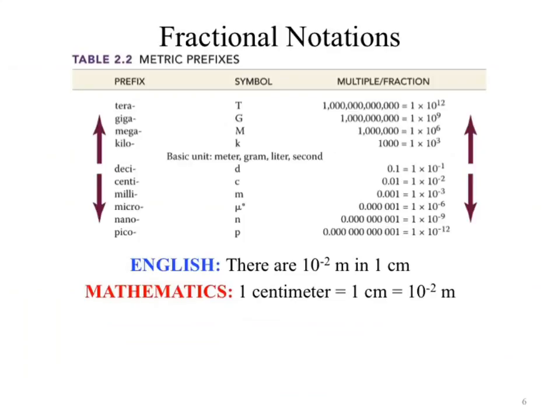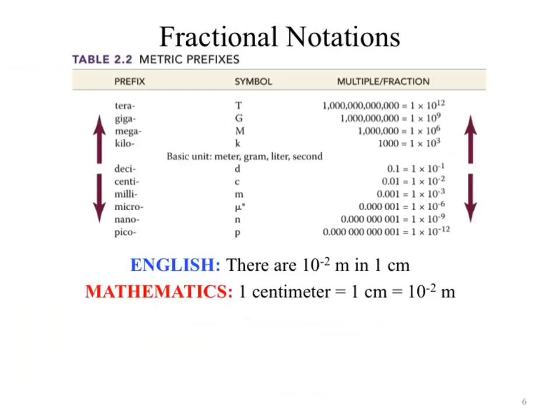So we could come up with these different equations or relationships. So in English, we could go through and say we've got 10 to the negative 2 meters in a centimeter. Mathematically, we spun that around and said we've got 1 cm equals 10 to the negative 2 m's, okay, or 1 centimeter equals 10 to the negative 2 meters.